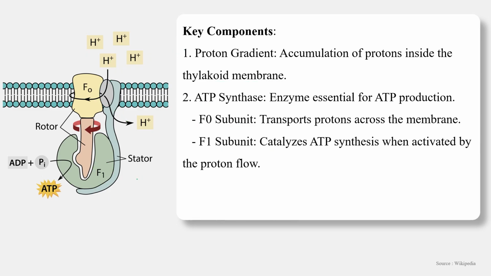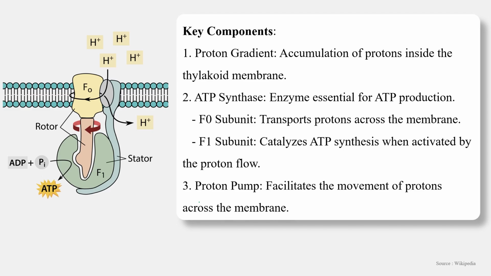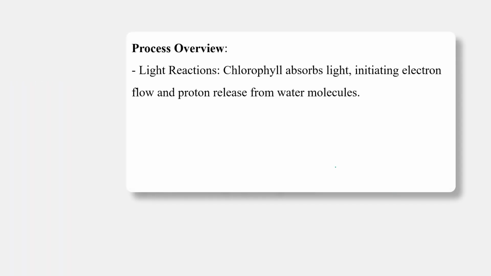So first is the proton gradient, second is ATP synthase with the two subunits F0 and F1, and third one is the proton pump, which facilitates the movement of protons across the membrane.